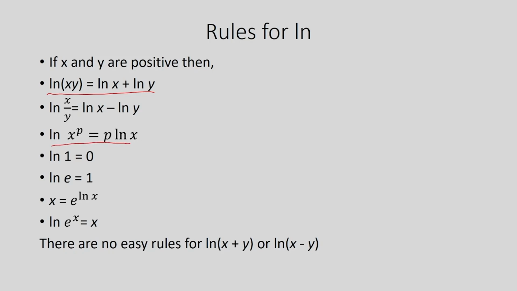Log of 1 is equal to 0. Log of e is equal to 1, and x is equal to e to the power log of x that we have just seen, and log of e to the power x is equal to x.